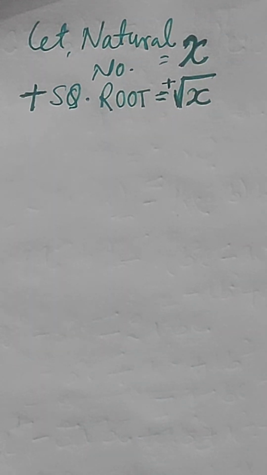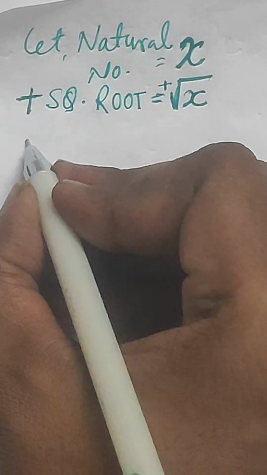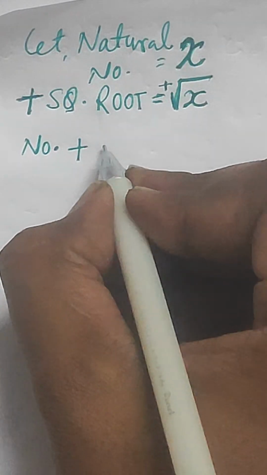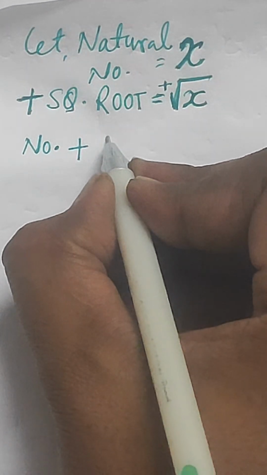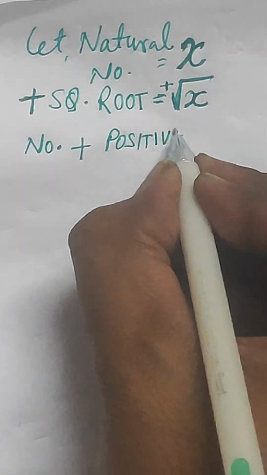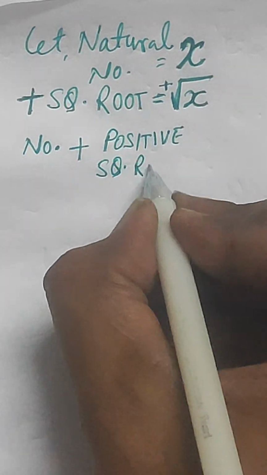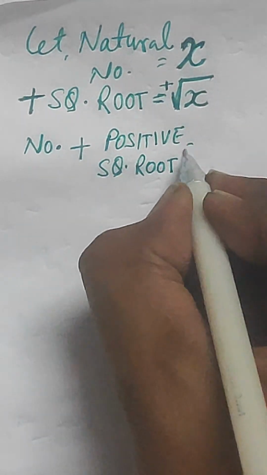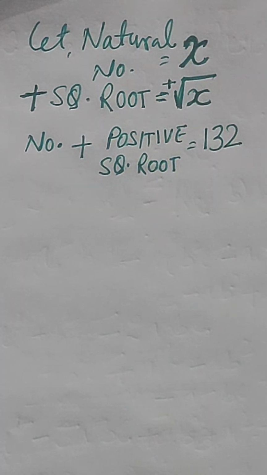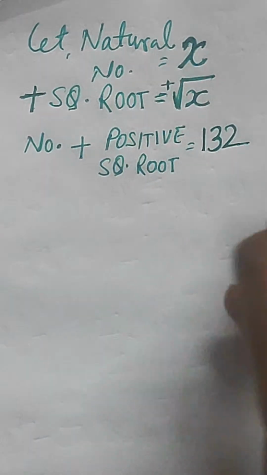As per the condition given in the question, the sum of the number plus its positive square root is 132. You need to find the number. This is the data given in the question.